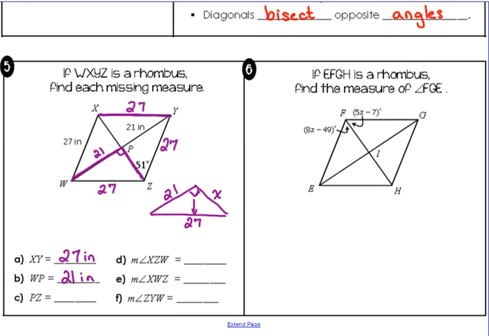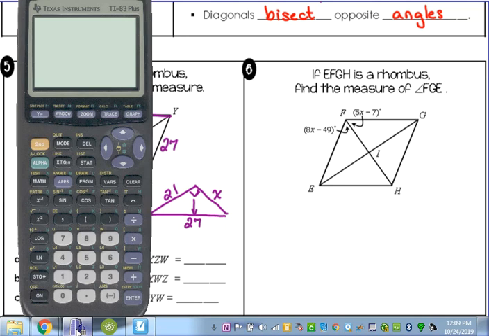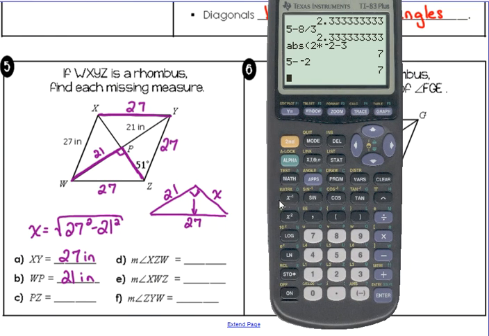The right angle always points to the hypotenuse. So we are looking for a leg. I left the right triangle stuff up over there on purpose. The leg is equal to the square root of the hypotenuse squared minus the leg squared. Square root 27 squared minus 21 squared.